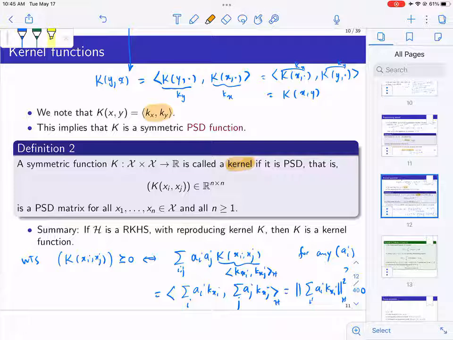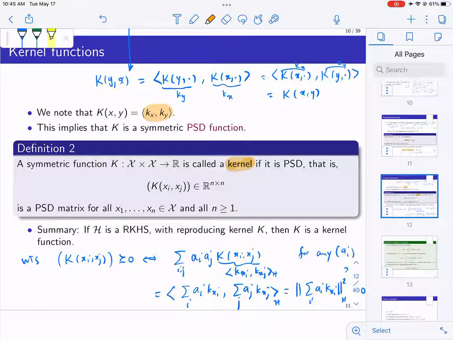The converse is also true. If you have a symmetric positive semi-definite function, then there is an RKHS for which that function is a reproducing kernel, and this relation is actually one-to-one. So in the end, for every kernel function, which is a symmetric PSD function, there is a unique RKHS for which that kernel is a reproducing kernel.